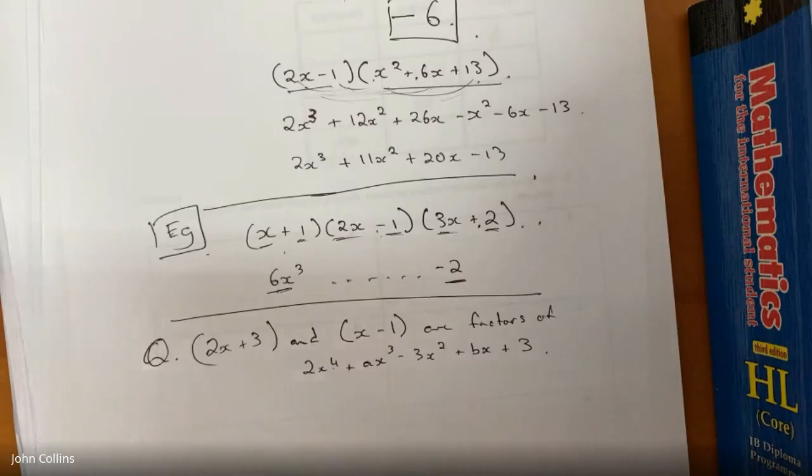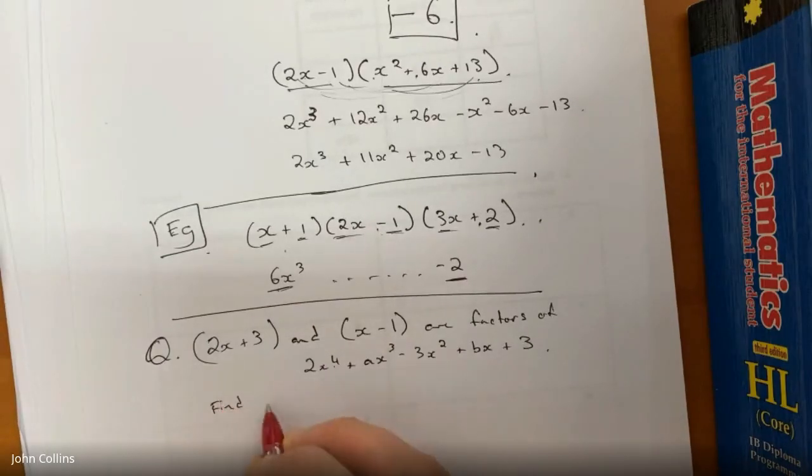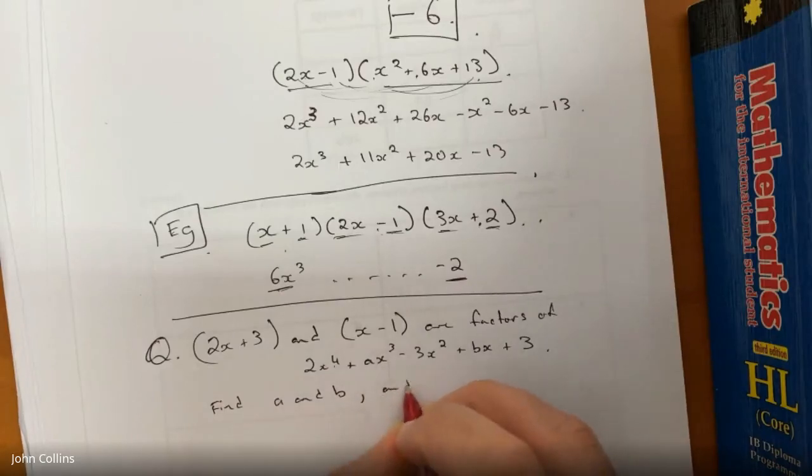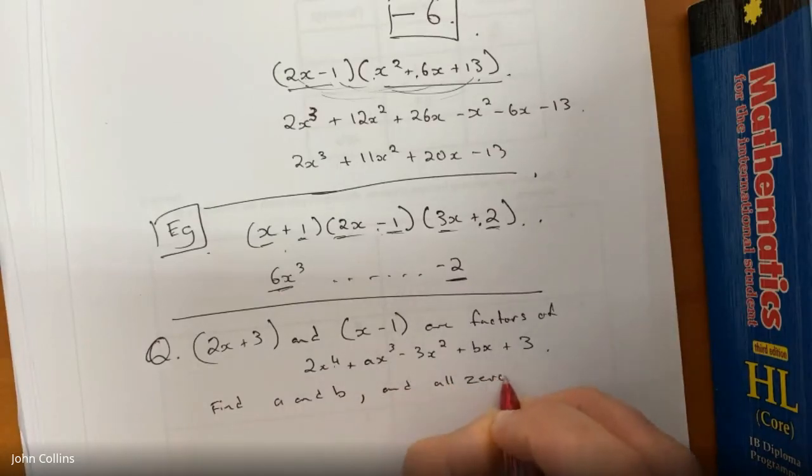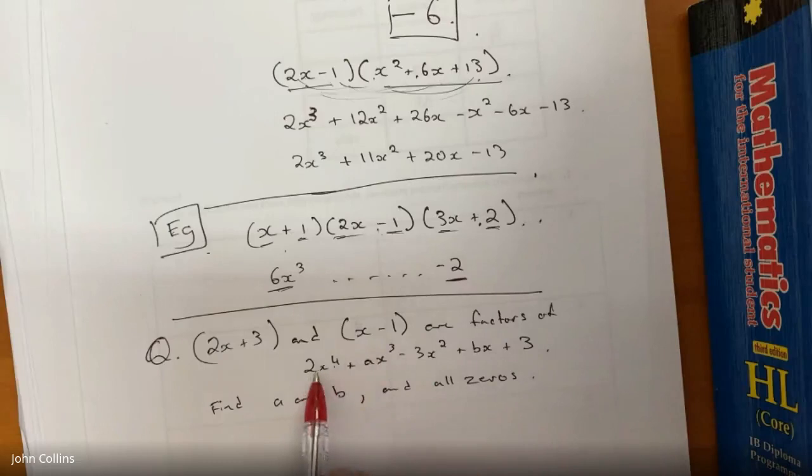All right, the question is to find a and b and all zeros, which kind of hints at the fact that there will be 4 linear factors because it's quartic. The other 2 are going to be off the x-axis. They're going to be complex.